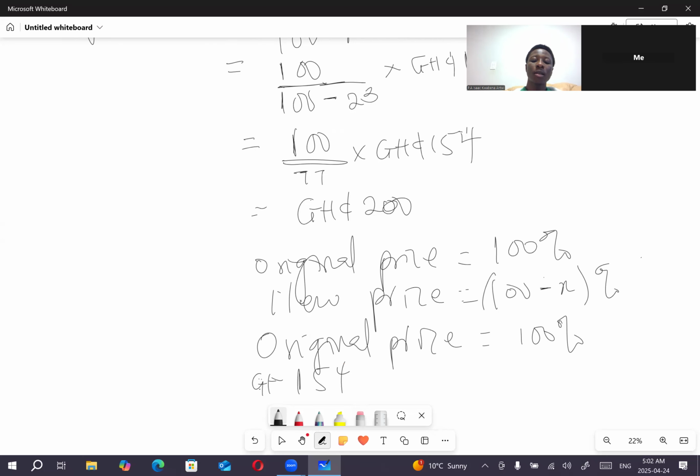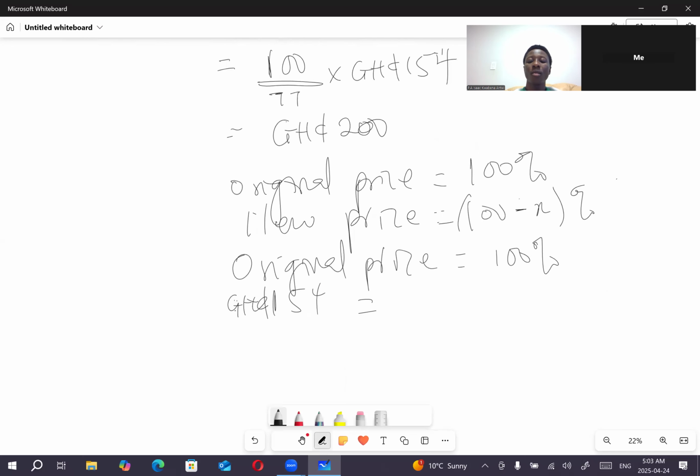It's equal to 100 minus 23%, and 100 minus 23 will give you 77. So 154 will be equal to 77%, right? Then you cross multiply. Original price times 77 equals 154 times 100%. Then you just divide through by whatever is closer to original price and you get to one.